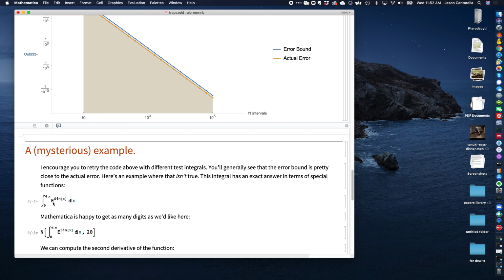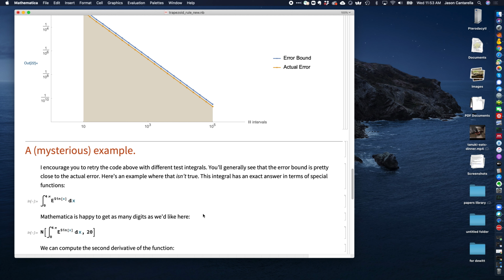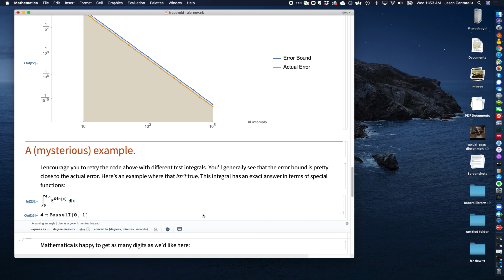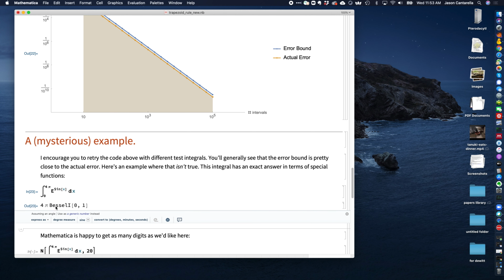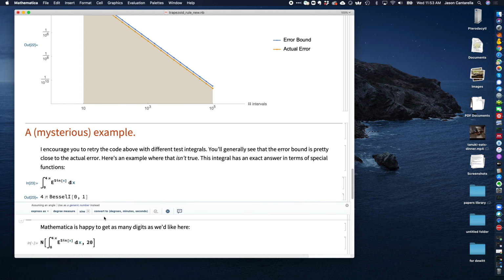Let's take the integral of e to the sine x. Again, I type this in a code box, so it's just going to evaluate the integral. Mathematica tells us that the answer is in terms of a special function called the Bessel I function, evaluated at a certain value.